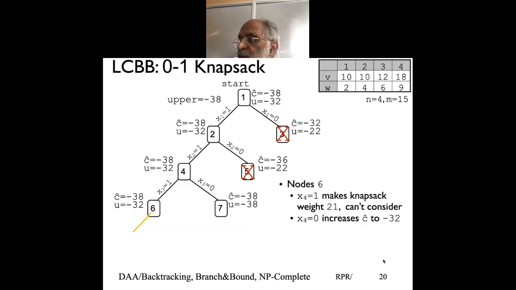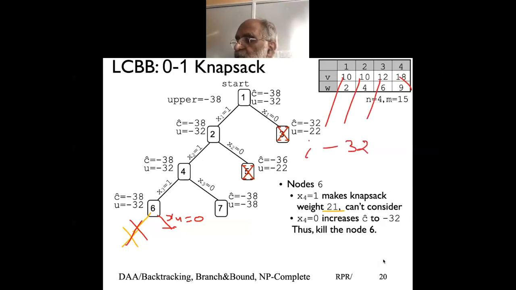When I include all of them, my weight becomes 21. My capacity is exceeded, so I cannot even go to that item. I can't explore this. Now if I explore x4 is equal to 0, when I exclude this, I'm not considering it, so my C hat would be 10 plus 12, which is minus 32. And this C hat is more than minus 38. That means this is not the right path.